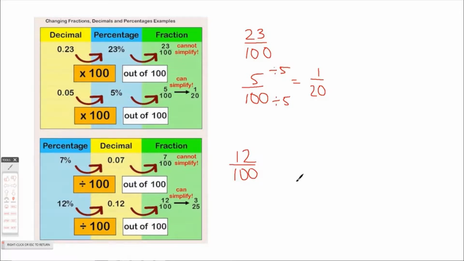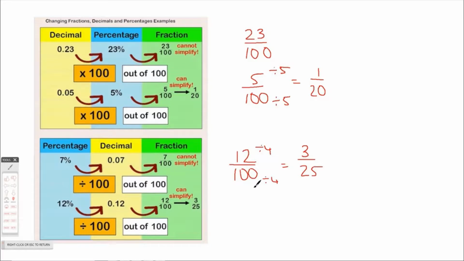Here at the bottom, I've got 12 over 100. If I look at the highest possible number that can go into 12 and into 100, in this case, it's 4. So if I divided 12 by 4, and if I divided 100 by 4, I would get 3 over 25.